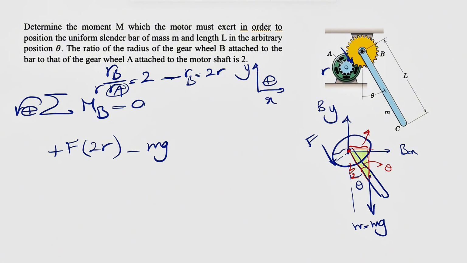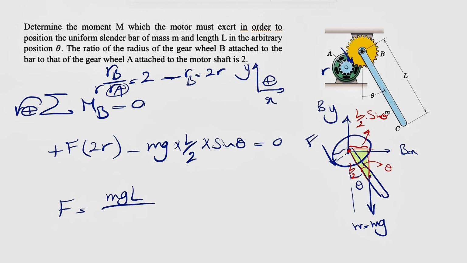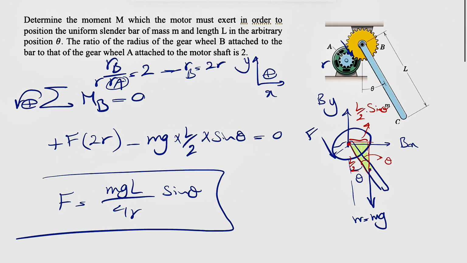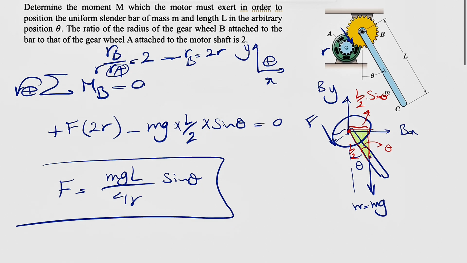So to find this distance, we simply have one half of L sine theta. So minus mg times L divided by 2 times sine theta equals 0. If we divide everything by 2R, our F would be mgL over 4R times sine theta. So that's what we get from the first free body diagram.